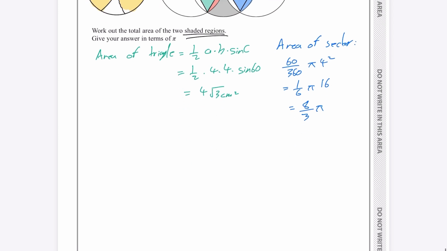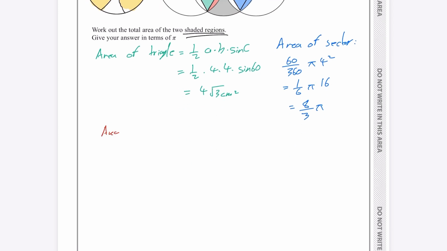So area of segment is equal to the area of the sector minus area of triangle, and I'll just use black ink now.